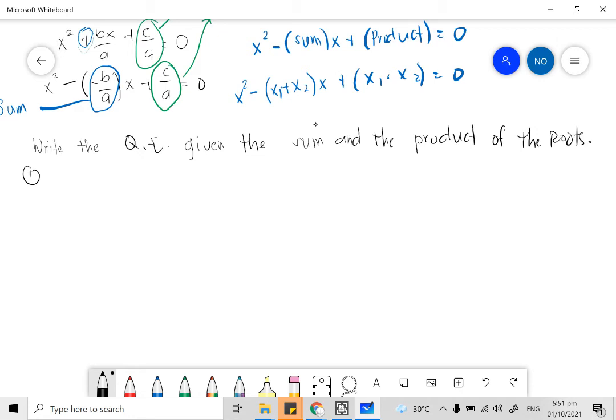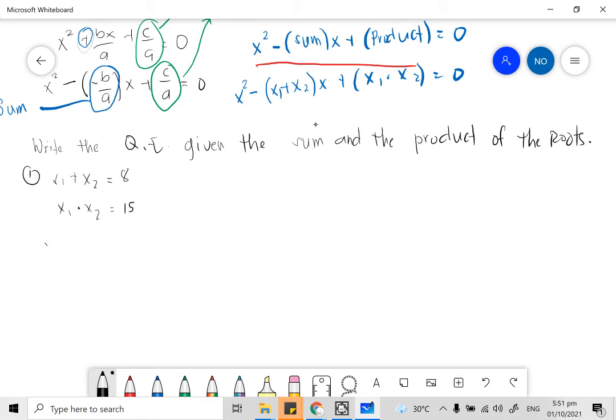Okay, number 1 tayo. Ang given natin dito, given we have x sub 1 plus x sub 2 equals 8. And then x sub 1 times x sub 2 equals to 15. Now, naalala yung formula? Pwede nyo gamitin to. Itong formula to. Okay?